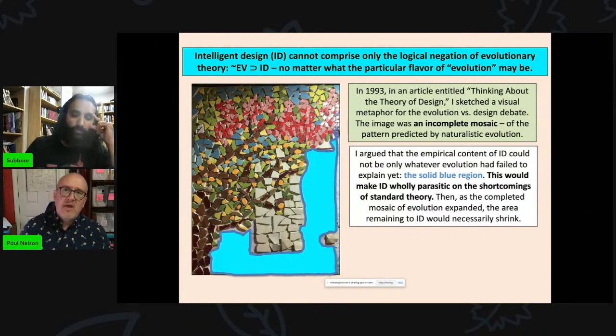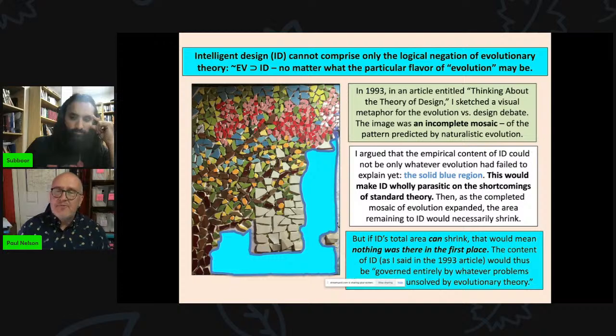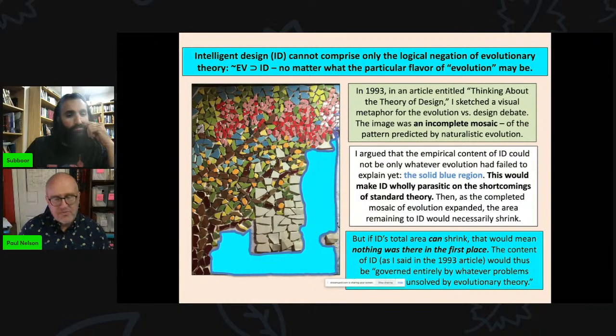As a consequence, as more of the evolutionary mosaic is put in place, the area left to intelligent design necessarily shrinks. But if it can shrink, and again, I think the metaphor of the mosaic is helpful here.